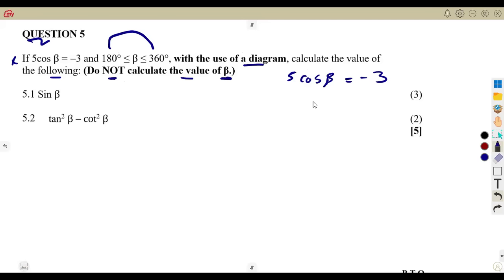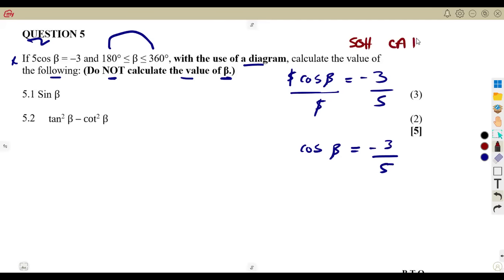We just need a ratio for cos. The ratio is supposed to be a fraction. So divide by what? By 5. Divide by 5 on both sides. So it means the cos of beta is equal to minus 3 over 5. Remember, cos is a ratio which we take from that SOHCAHTOA concept. But in this case, this cos, which is adjacent over the hypotenuse, has a negative value.